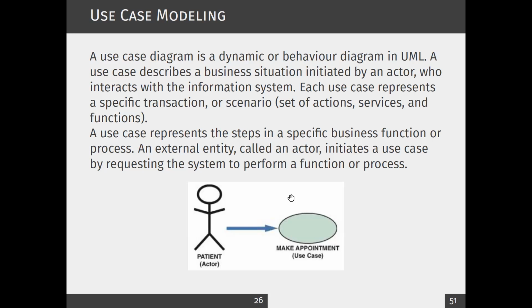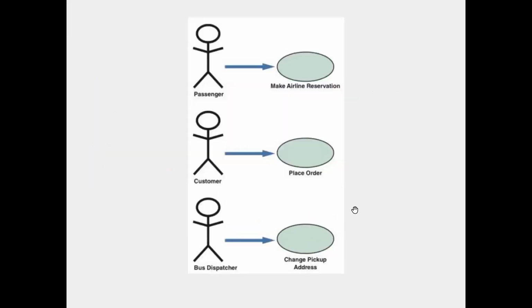The arrow indicates the relation, so the patient is the one who interacts with the use case. In this case, the patient requests to make the appointment.